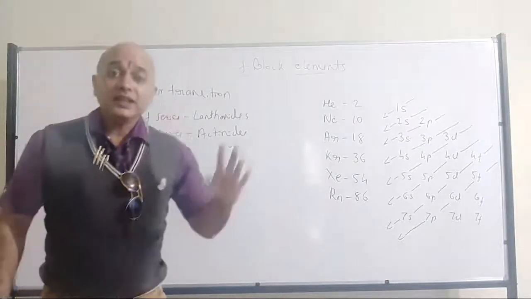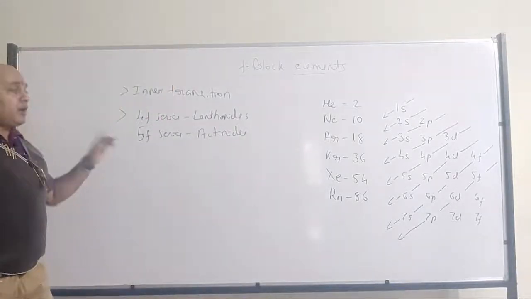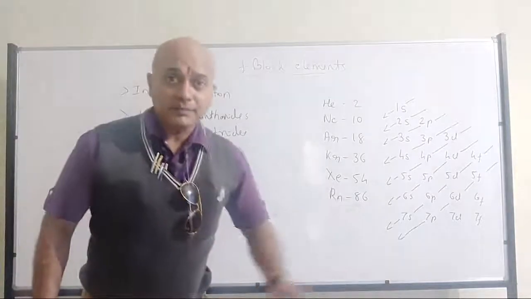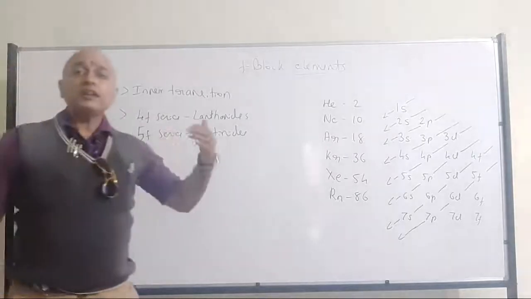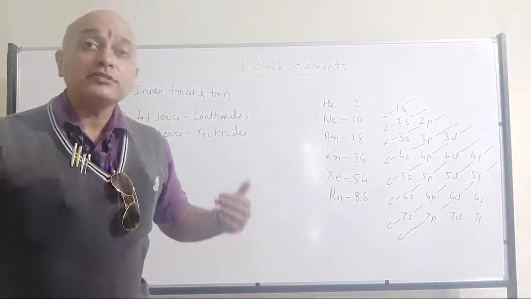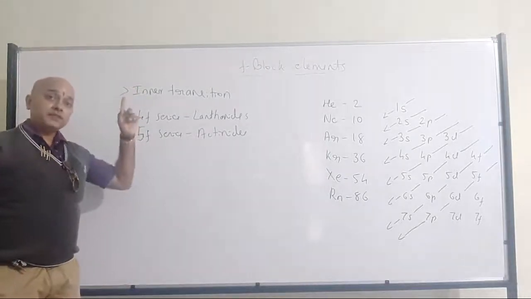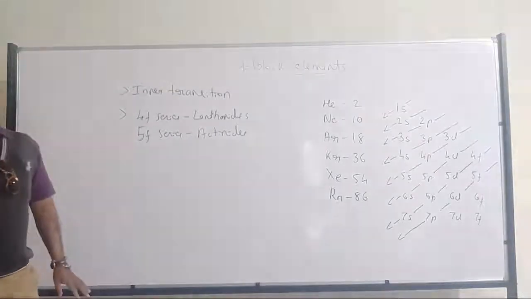But lanthanum does not belong to the 4F series. It belongs to D block. Since the 5F series are present after actinium, they are called actinides. But actinium does not belong to inner transition or F block elements. It belongs to D block. So that's where we have the lanthanides and actinides.